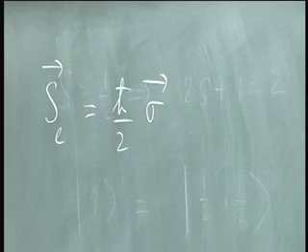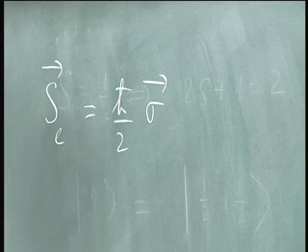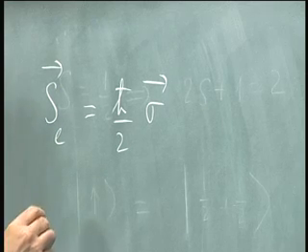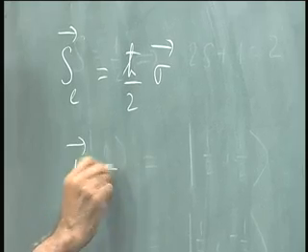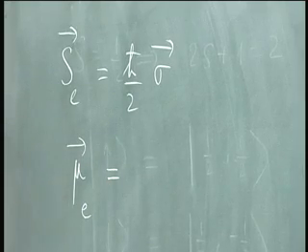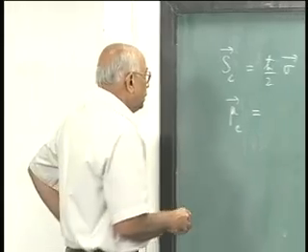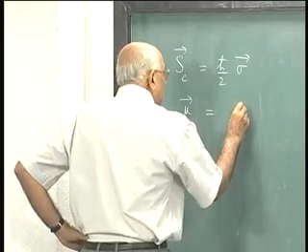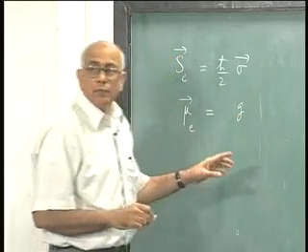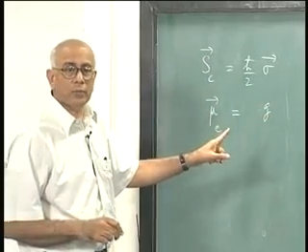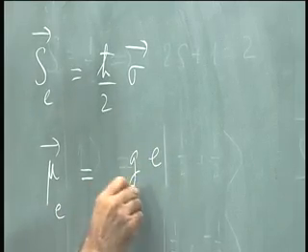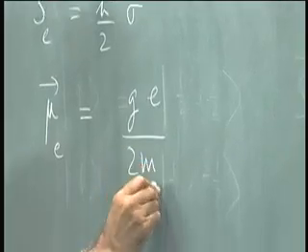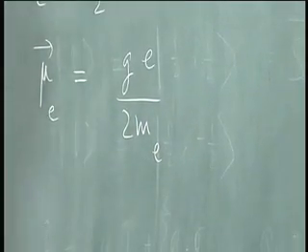Now what we do know is that the intrinsic magnetic moment operator of an electron, mu e, is equal to a factor called the G factor of the electron multiplied by the charge of the electron divided by twice the mass of the electron.